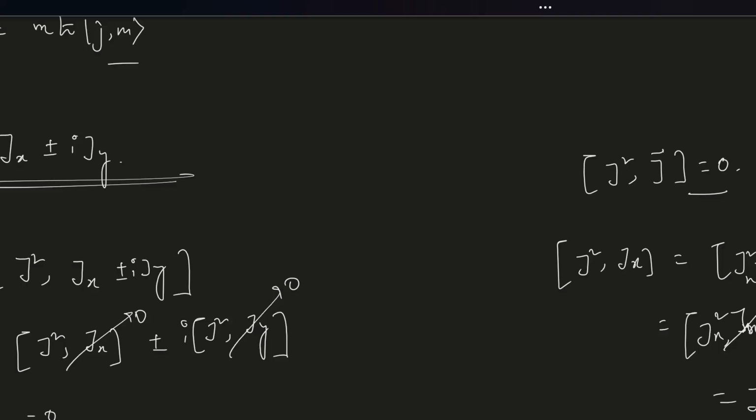So Jx squared, Jy squared Jx is basically this.